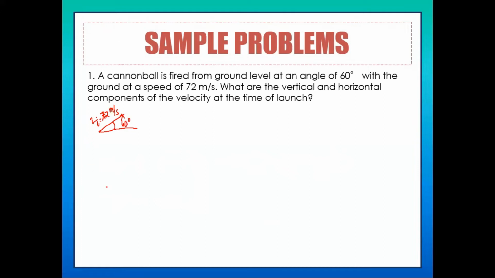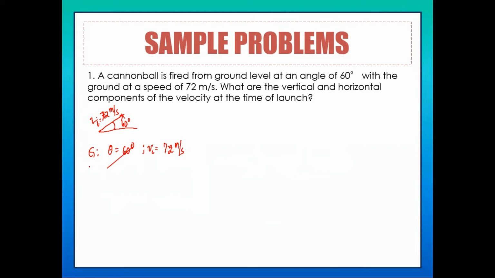Okay. Using Gressa method, our given is your angle, the theta 60 degrees, and your v sub I, which is your 72 meters per second.